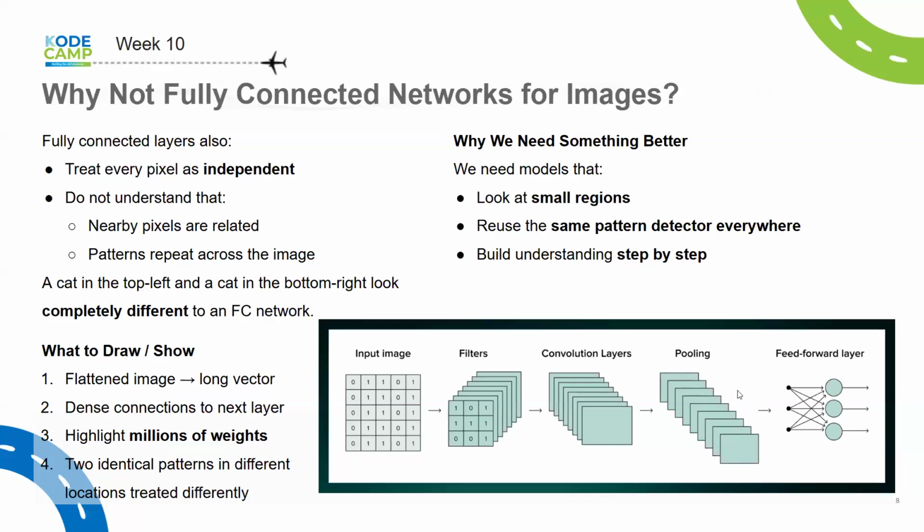The interesting thing is that even though we have already said a fully connected layer is not very good for image recognition, at the tail end you still need what we call a feed-forward layer, which is effectively just a 2 or 3 layer fully connected network. That is what is used to represent the meaning.